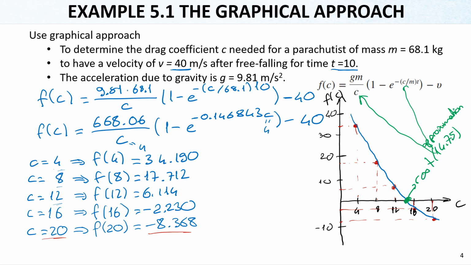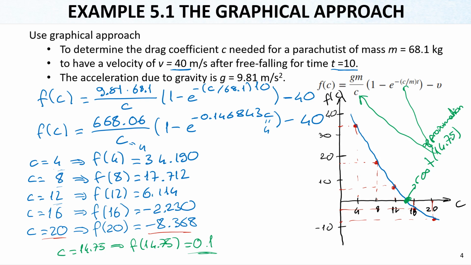So if we write it down, C is 14.75, then F(14.75) is equivalent to 0.1. So this is very close to 0, but we are slightly far away from 0. Then we can say this is about the root value.